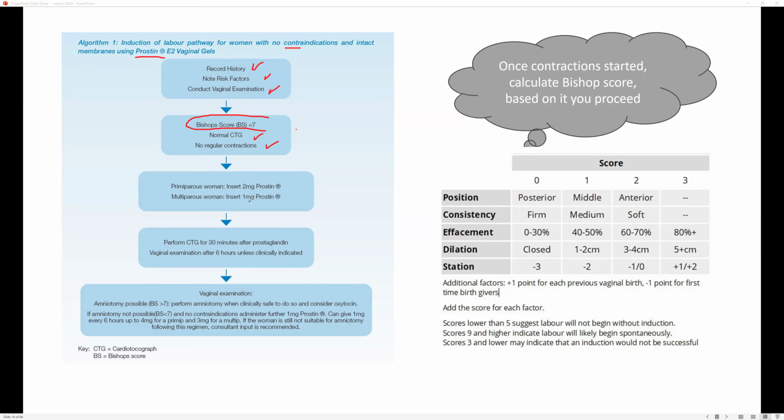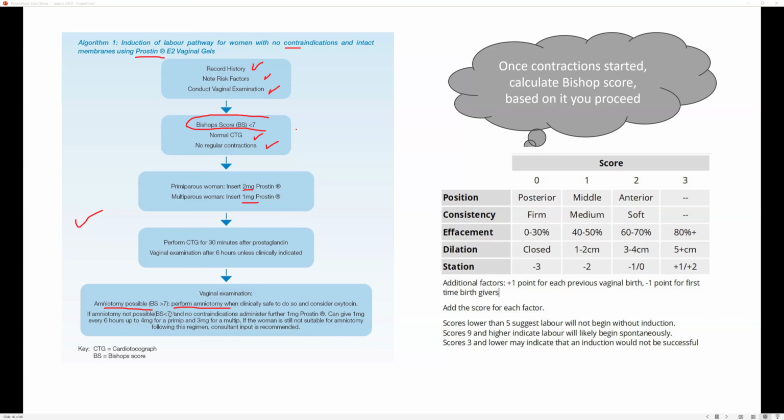In the multiparous woman, I will repeat with only 1 mg. So what if the Bishop score is already more than 7? If it is more than 7, what I will do is perform amniotomy when clinically safe to do so, and consider oxytocin. Okay, my friends?